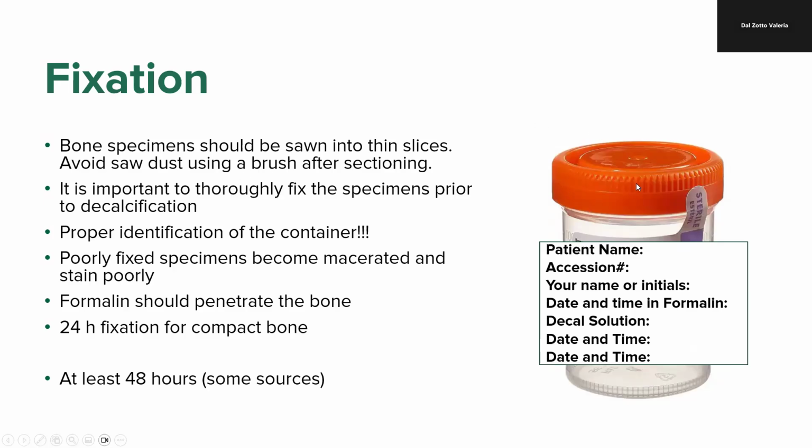For that, you're going to transfer your piece of tissue to a new container, of course, with a double identifier, your initials, the date and the time that you put it in formalin, and the date and the time that you put it in the first decal solution, and then if you change the solution, how many times, the dates and the time. This is the proper way to do it.